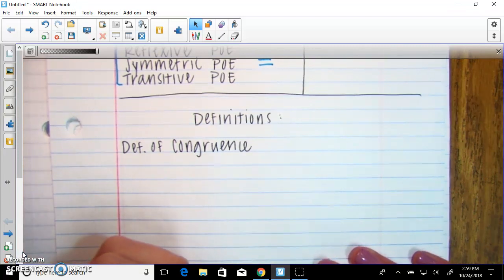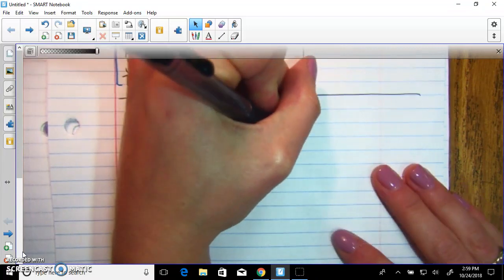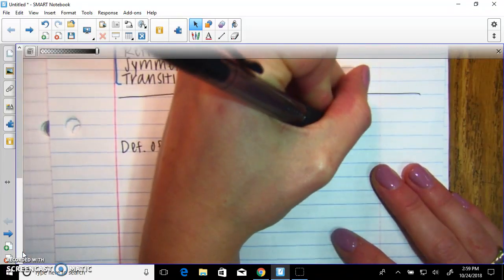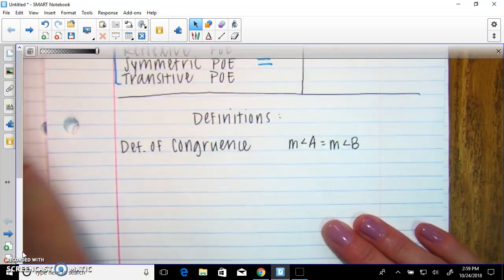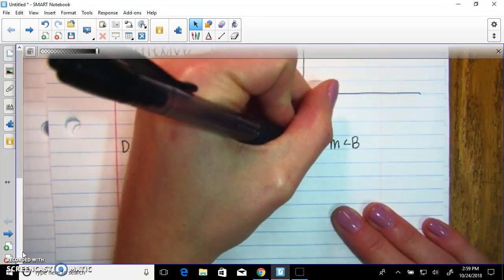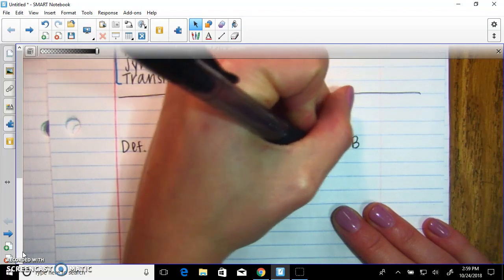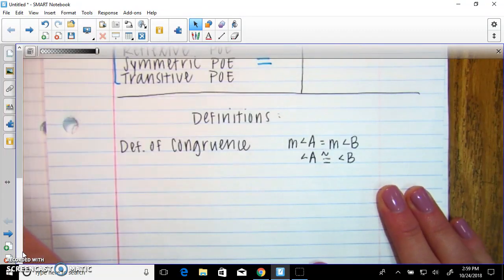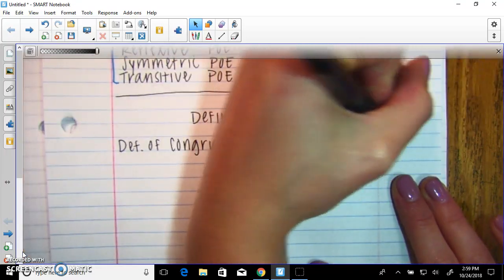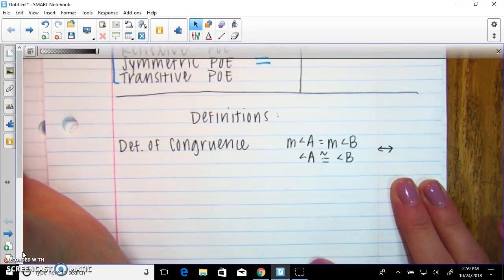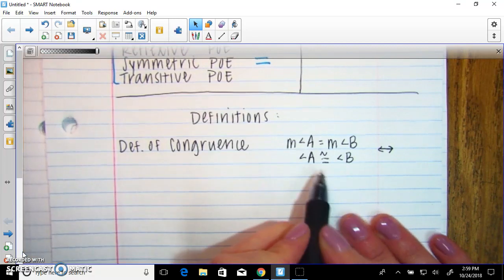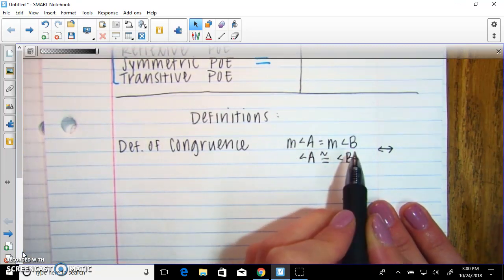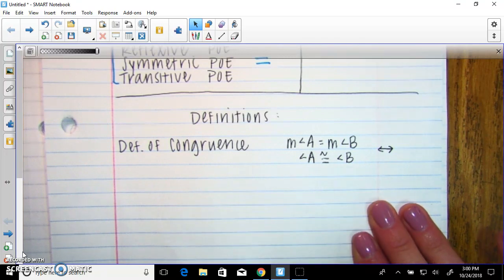Now we see it when it comes to angles. And what it says is this: if the measure of angle A is equal to the measure of angle B, then angle A is congruent to angle B, and vice versa. So this is an if and only if statement. This is a biconditional statement. So I can say if two angles are congruent, then their measures are equal, or I can go the other way, say if their measures are equal, then they are congruent.